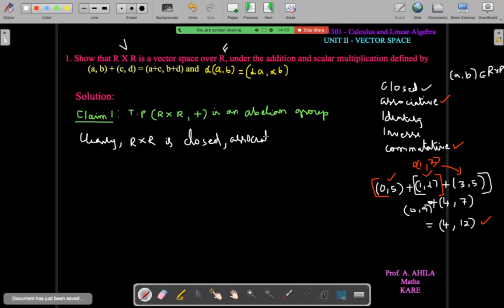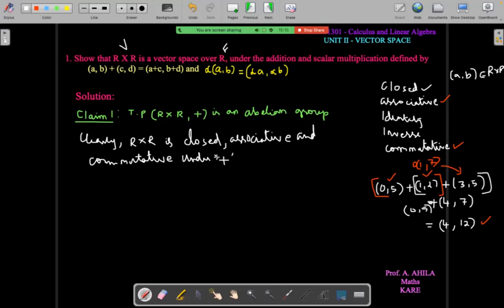This we can say in general, with respect to the addition defined in this problem under plus. This is the binary operation defined here. So these three properties are true.